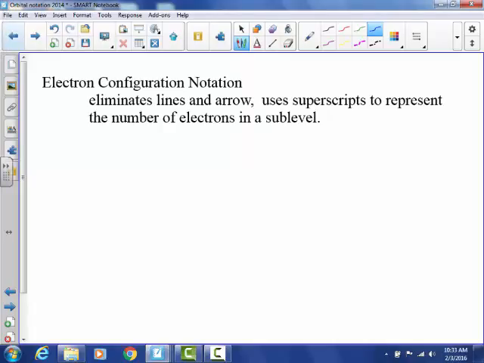Essentially what you're going to do is eliminate the lines and arrows from the orbital notation that we used, and we're going to use superscripts to represent the number of electrons in a particular sublevel. And if you remember, our sublevels were the S, the P, and the D, and the F.